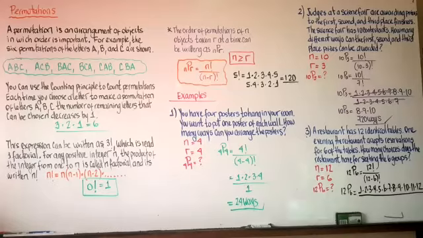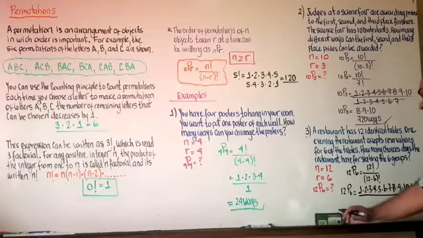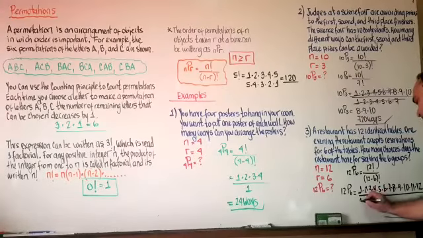And divided by what? If we subtract 12 minus 6, that will be 6 factorial. And remember, 6 factorial is the product of the numbers 1 until 6. So 1, 2, 3, 4, 5, and 6.